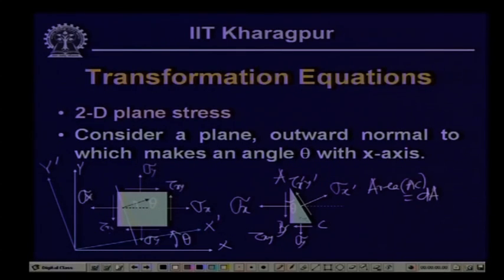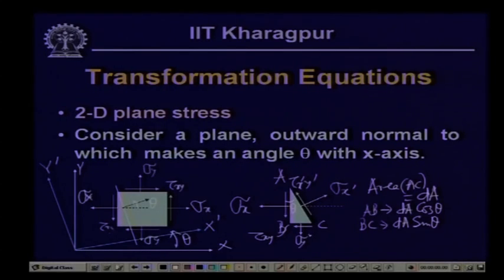Hence, the area on line AB can be designated in terms of the area dA, which is dA cos theta, and the area on line BC can be designated as dA sin theta. Hence, the forces acting on these planes are the stresses multiplied by the corresponding area, which will give us the force.